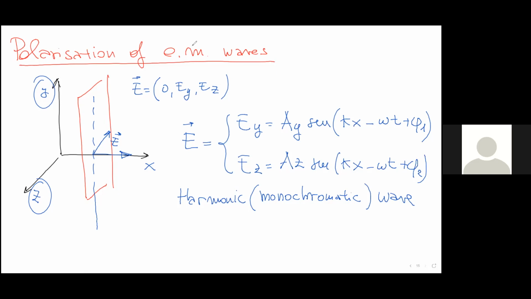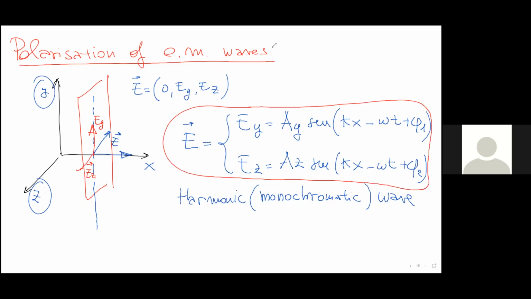So in general, we can decompose the electric field in two components, one along y and one along z. This is the general expression of the field associated to an electromagnetic wave, a plane and harmonic wave.